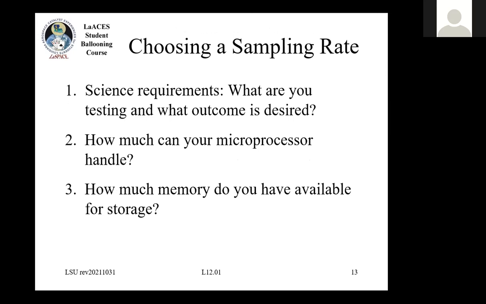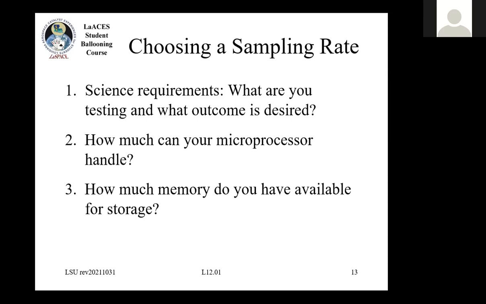So functionally, how do you actually do this? Well, you start with what is the actual science goal that you have, what is the thing that you're trying to measure, and what are your expectations of what that particular piece of data is going to do over the experiment or over the flight or the observation.